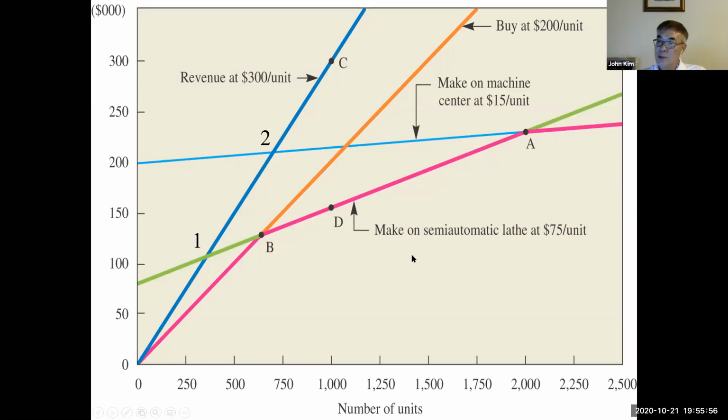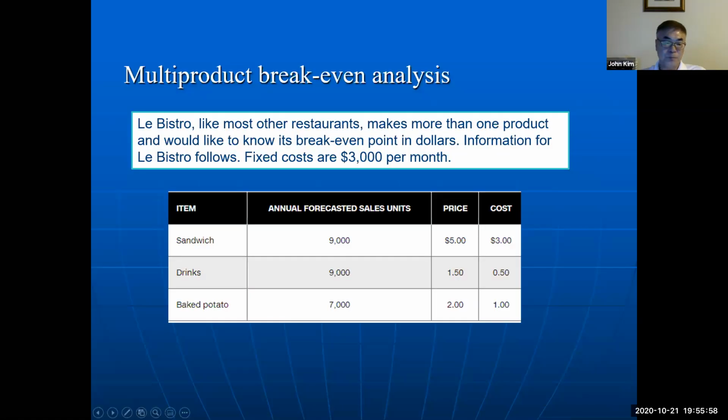And next one is, if a company produces or sells multiple products, then how can we find the break-even point? So multi-product break-even point, or break-even analysis.